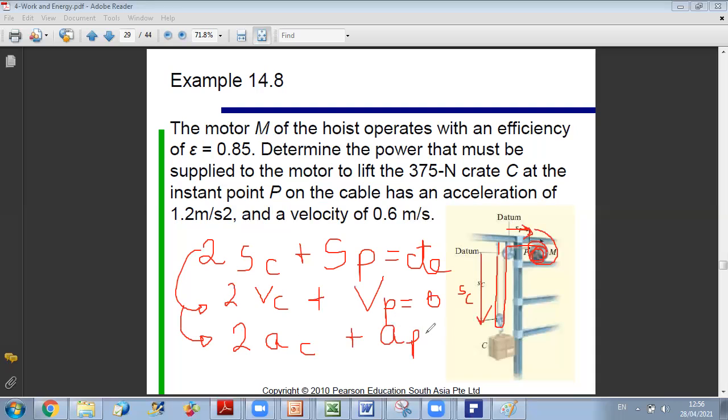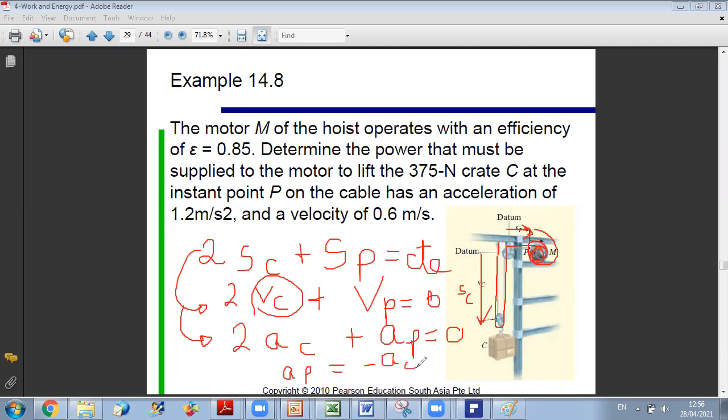So in case you want to use for power T2 times VC, you can get VC from this equation. VC is minus VP over 2. And concerning the acceleration, AC is minus AP over 2.